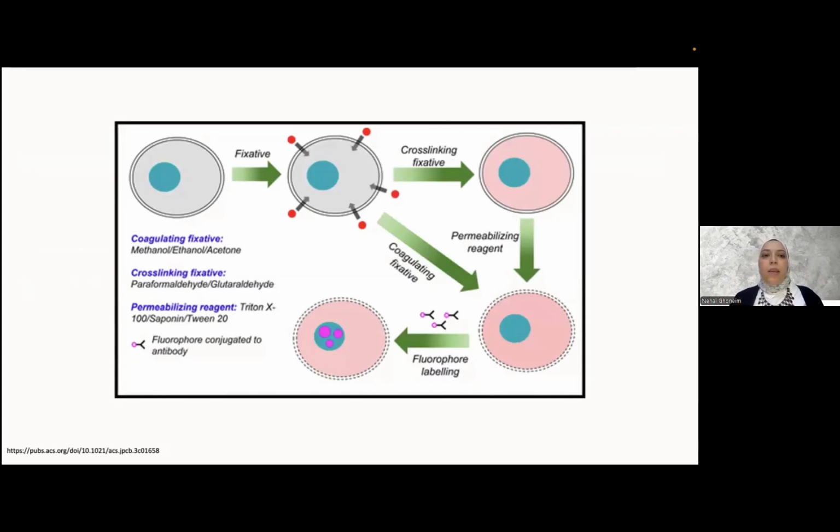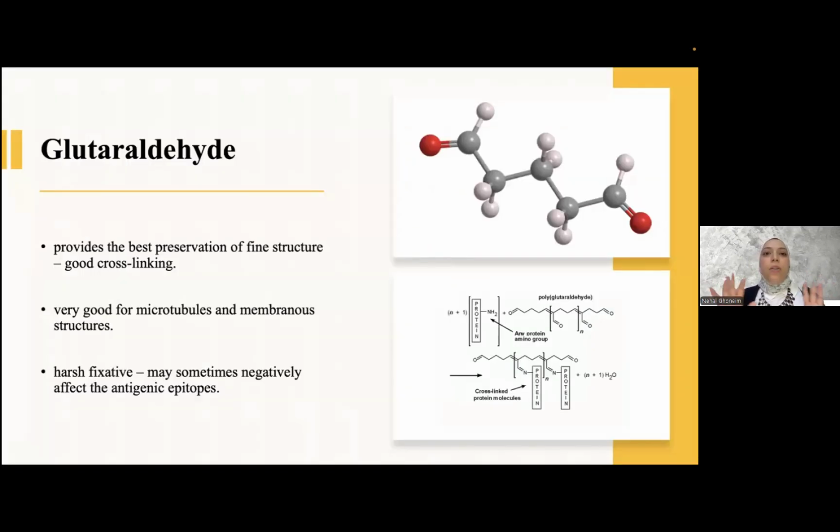So as we can see here, this is our cell starting, and then moving by adding the fixative. There is fixation through cross-linking of the proteins together, or coagulative fixation, and then the permeabilization, and then the fluorophore labeling. The first fixative, which is general and provides the best preservation of fine structures, and is actually the best for electron microscopy, is glutaraldehyde, and its action is through cross-linking of the proteins.